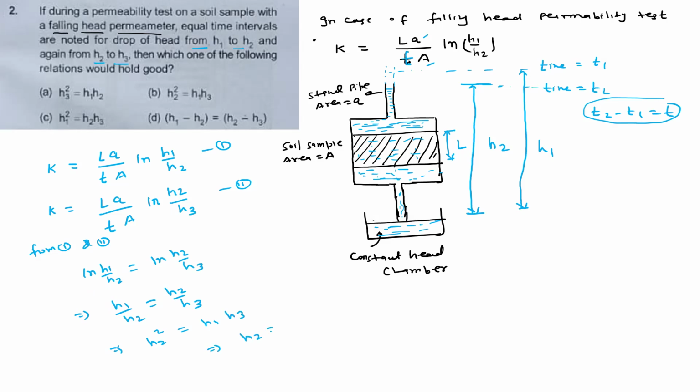So H2 is equal to the square root of H1 into H3. And H2 is nothing but the geometric mean of H1 and H3.